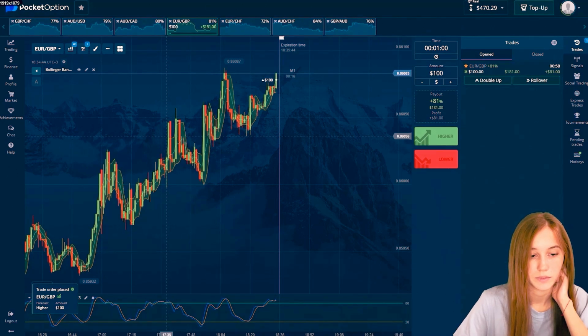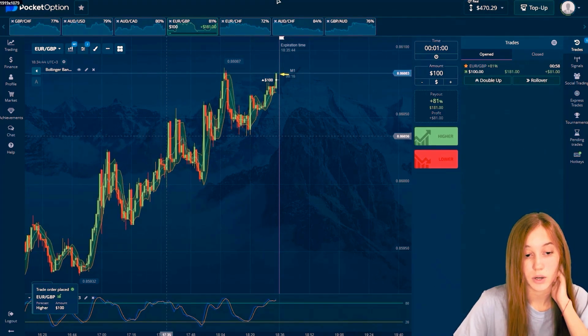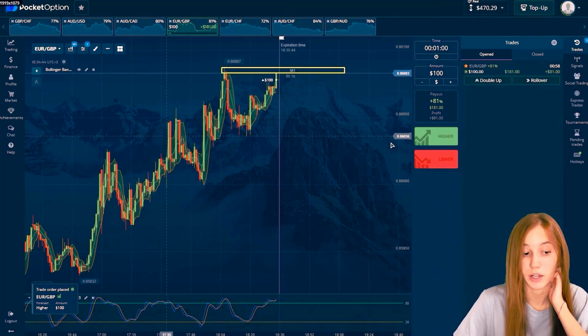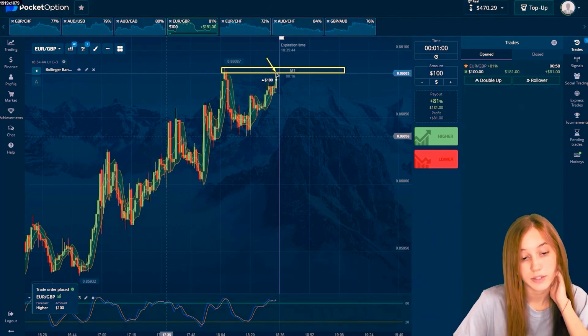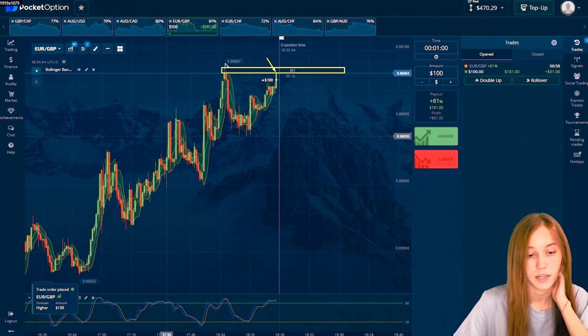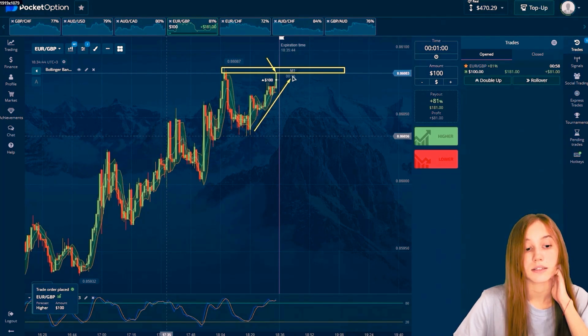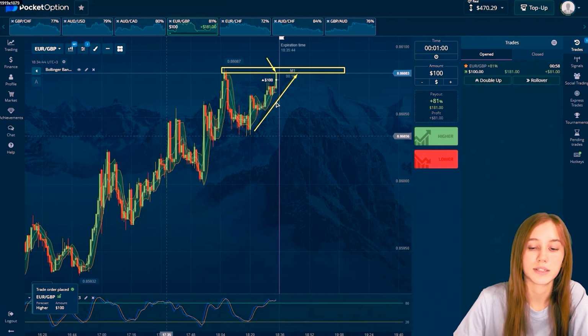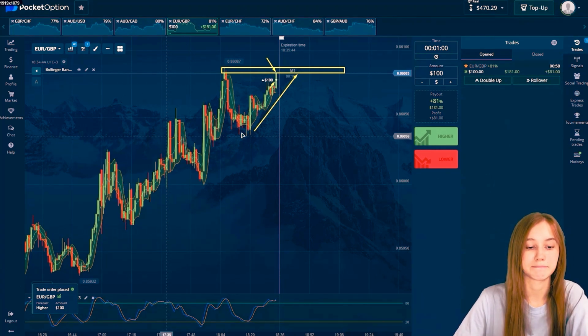Bollinger Bands says it's going up. And stochastic is also in the upper position. Too much growth is happening in our chart. 3 seconds left. And the deal closed with a plus, good. That's nice. Our balance is $651.